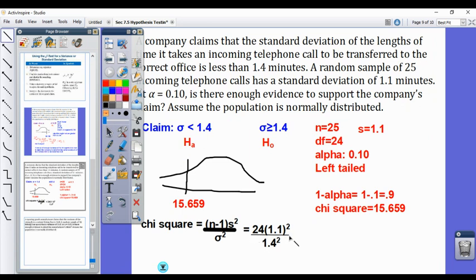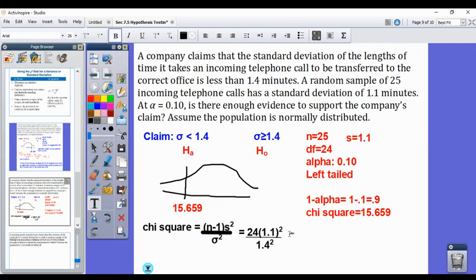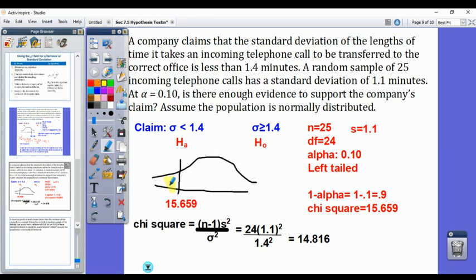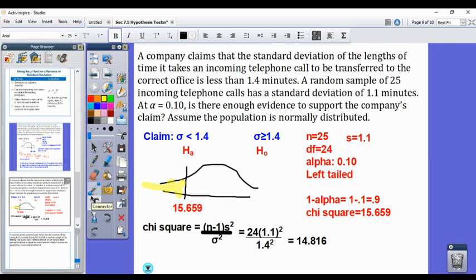There we go. That's nice. All right, so if we do that, we are going to end up with an answer of 14.816. And the question is, is that in our rejection region? And the answer is yes, because that is here. That's my rejection region right here. All right, so we are going to reject H naught.